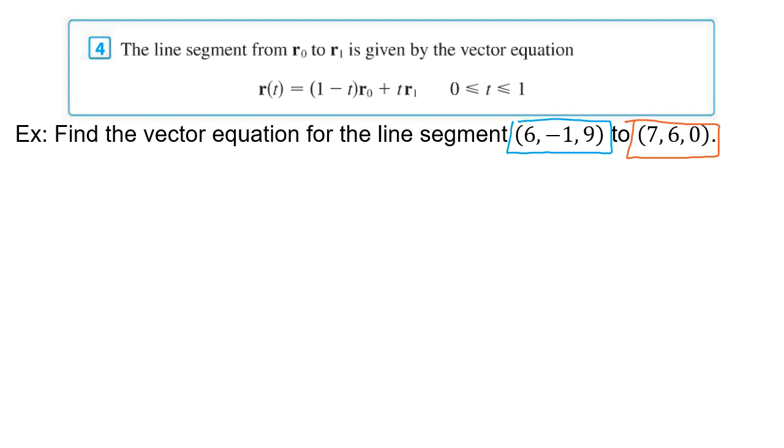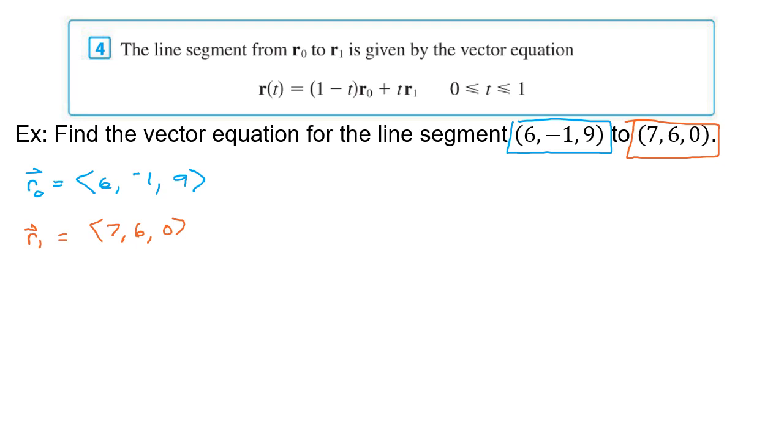So I'm going to let R0 be just the first one that's listed. So I'll have the vector 6, -1, 9, and R1 by the way would be 7, 6, 0. And remember, you can do this in IJK notation if you'd rather do that.